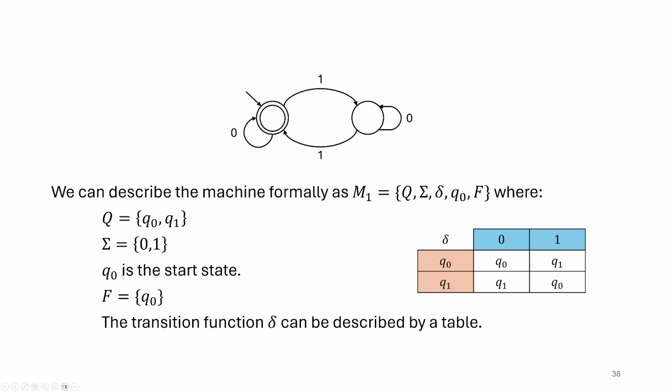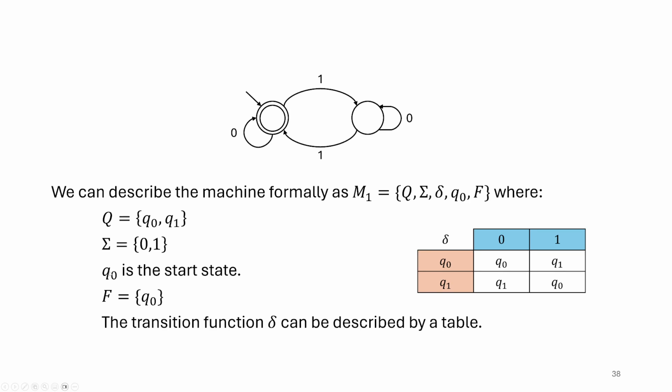And by convention, if you default to labeling your start state Q0, this part just happens for free. Everyone knows that Q0 is the start state. Then finally, our set of accepting states here is also just Q0, but notice the difference in how I've represented these.